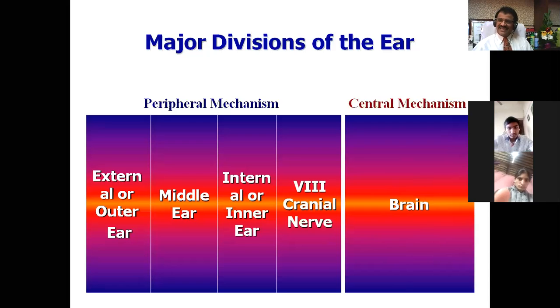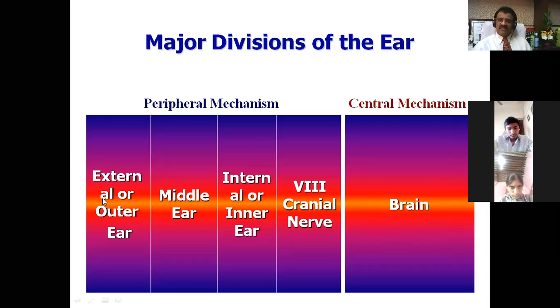That is why the central mechanism is always with the brain, because the brain coordinates and controls the whole body. So coordination and control of the ear is done by the brain, where you hear the sound and interpret its meaning. So the central mechanism you just keep aside, it is with the brain.